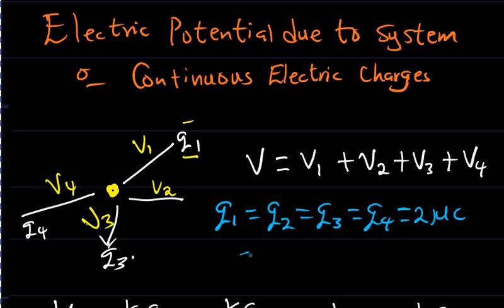Let's say all their distances from that point are equal also, let's say it's 20 cm.